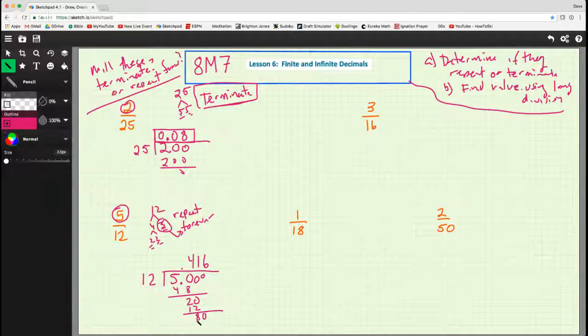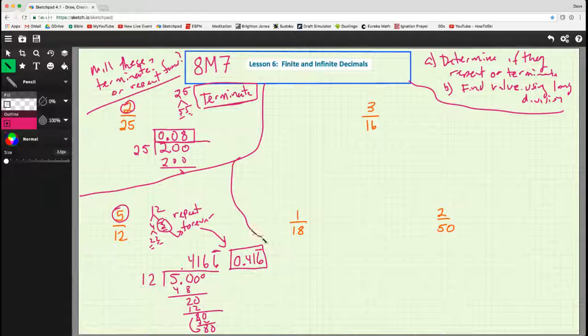Whoops, what did I do there? 72, and that's 80. Okay, so we have a repeat, 80 to 80. So we know that we now have a repeating pattern. So we get 0.416 with a bar over it, which is good. It repeats forever, as we predicted. Isn't this cool how this neat little trick works? I find this totally cool.